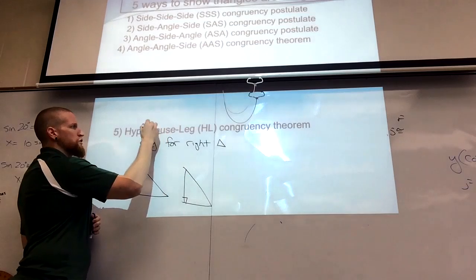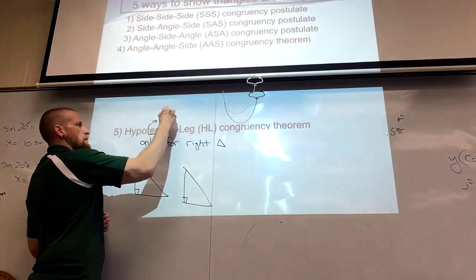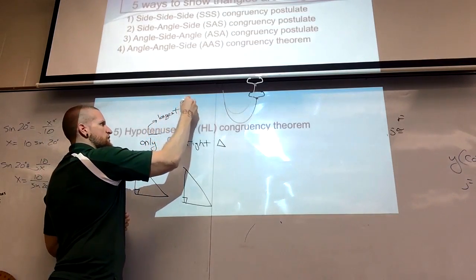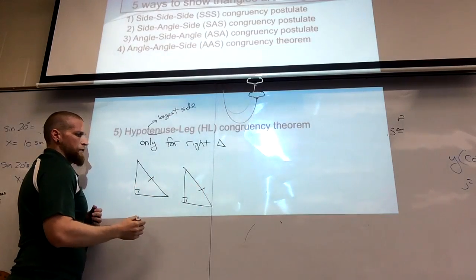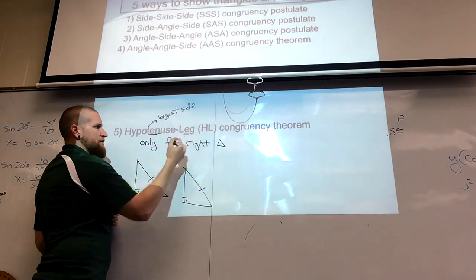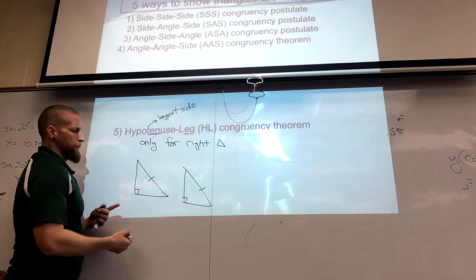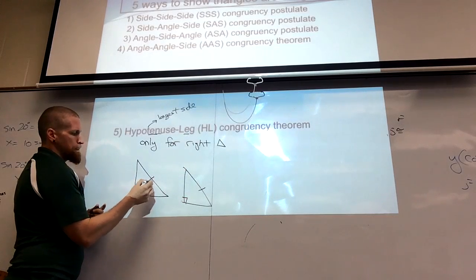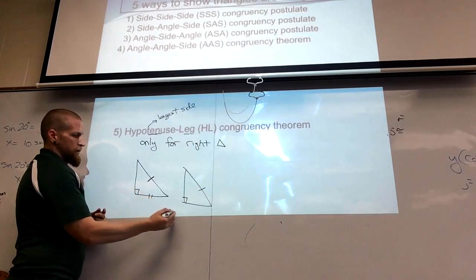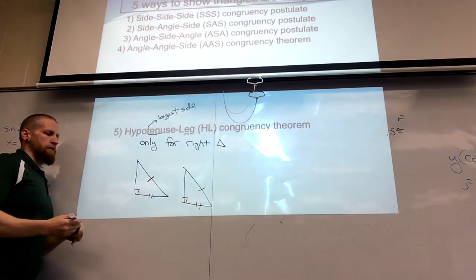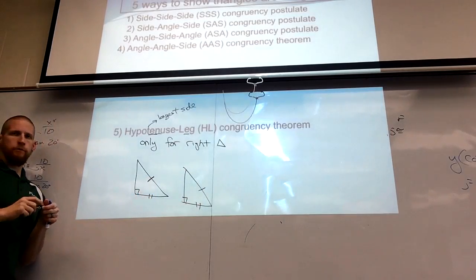The hypotenuse is the longest side of a right triangle, so I would need a congruency mark there. And then the legs are just one of the other sides. So I would have to have the right angle, I would have to have the hypotenuse there, and I have to have one of the other sides there.